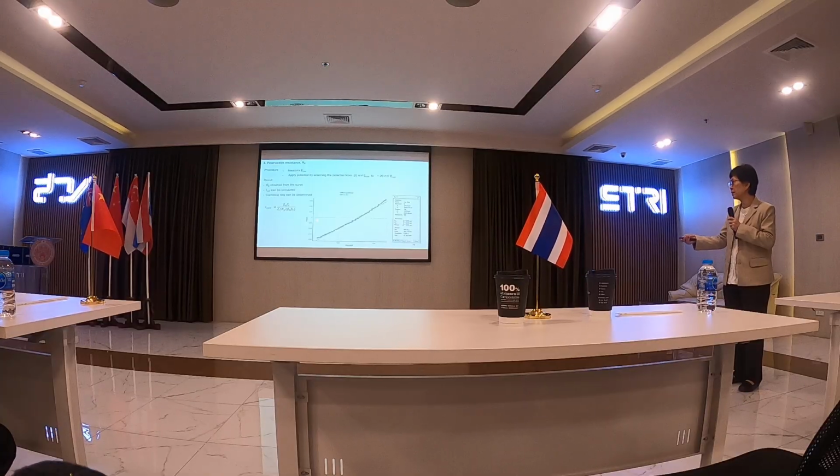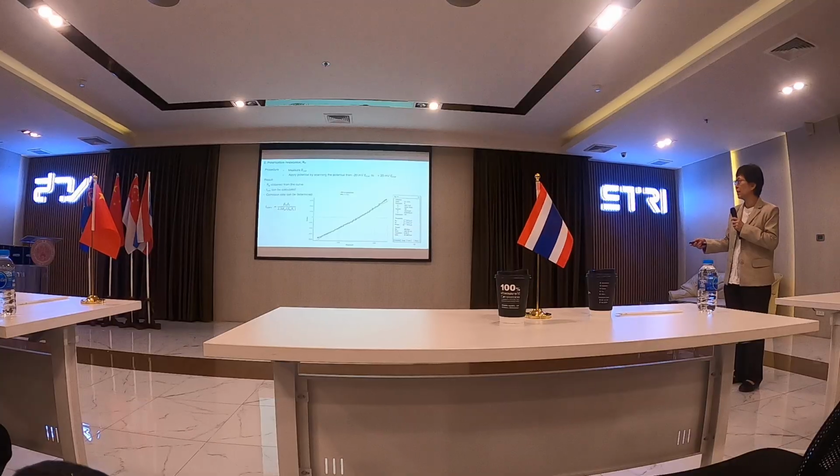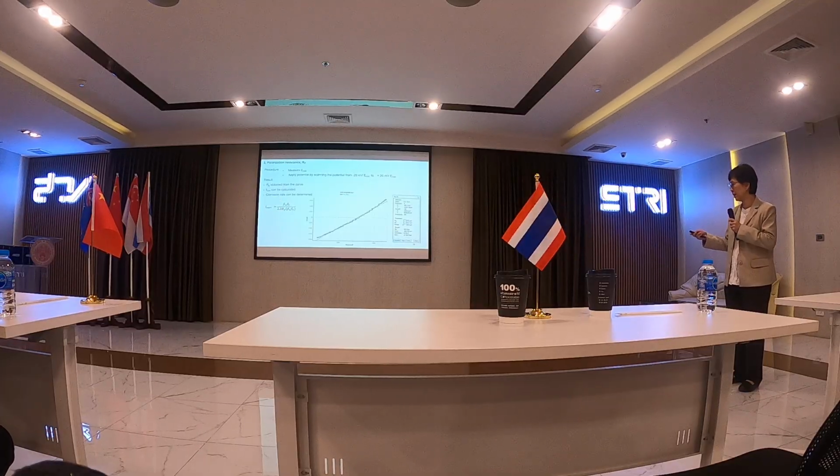This is at the zero current, that means this is the corrosion potential. The range is minus 20 millivolts below E corrosion, and then plus 20 millivolts. So after the test, we got the corrosion polarization resistance, and now we can calculate the corrosion rate.